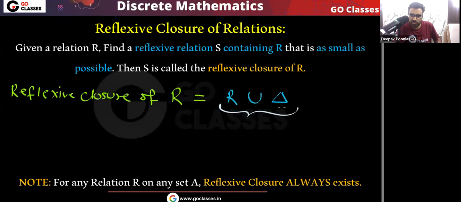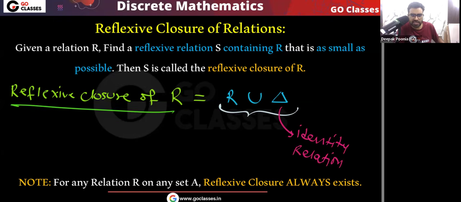That's it. Okay, what is this? This is the identity relation. So what you do is just R union with the identity relation. The result will be the reflexive closure of R. That's it, nothing else. This is how you can denote it.